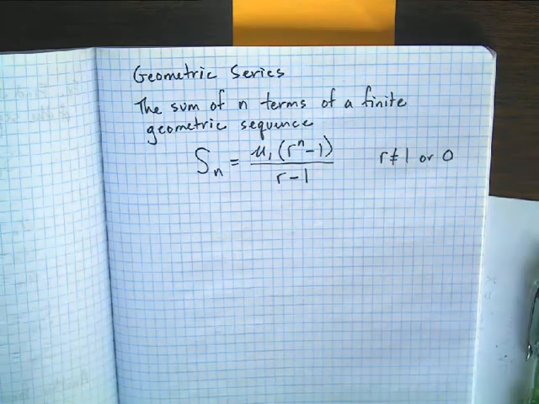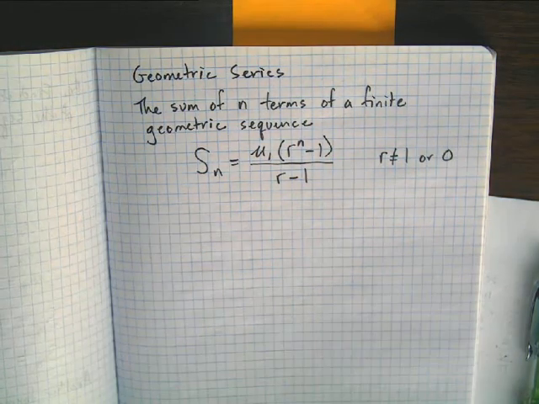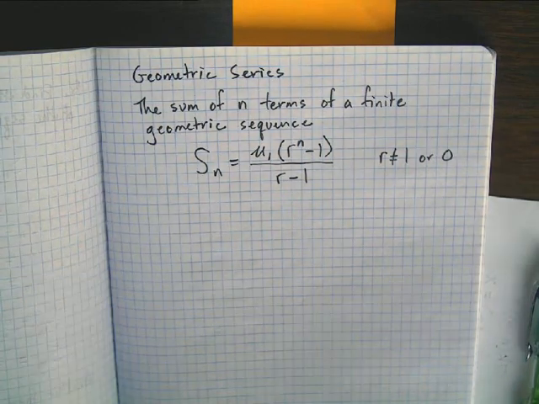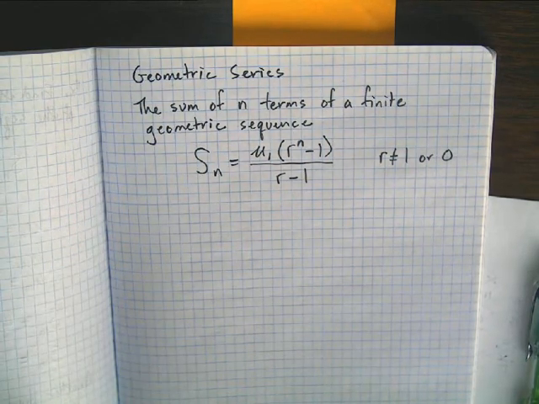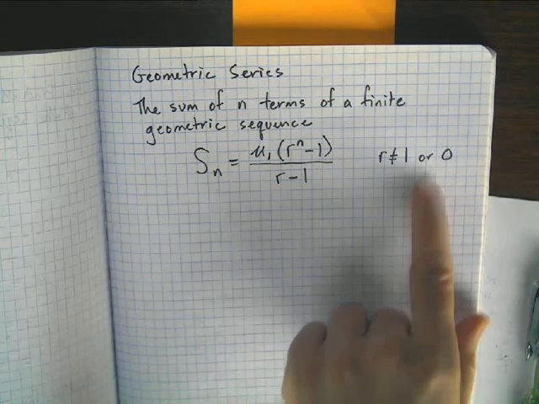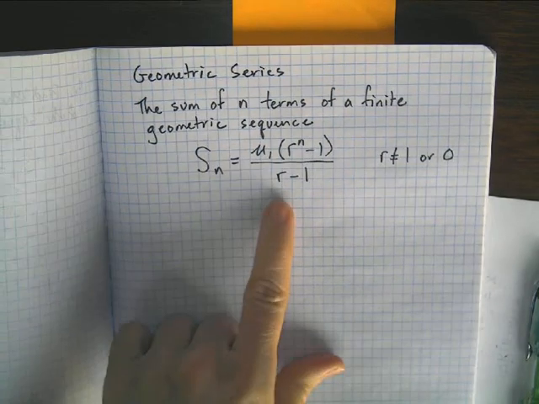If r was equal to 1, you'd just be multiplying by 1 every time. And so, like, if you started with 2, your sequence would be 2, 2, 2, 2, 2, 2. And if you're multiplying by 0, well, you're going to run out real quick. Start with 2, multiply by 0, you get 0. So 2, 0, 0, 0, 0, 0. Okay, so there's no point in having r be equal to 1 or 0. All right. This formula can be written another way.